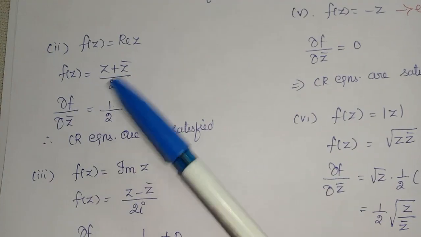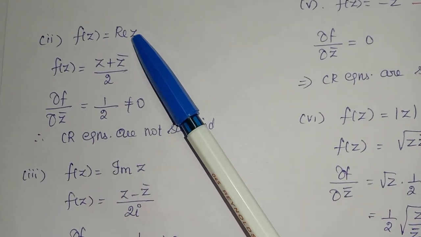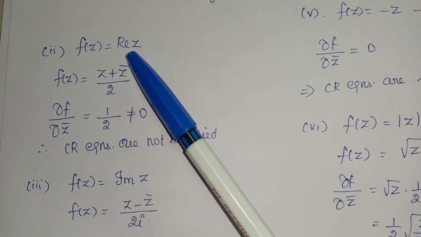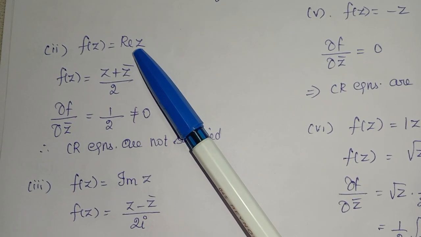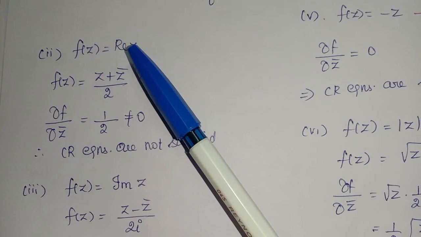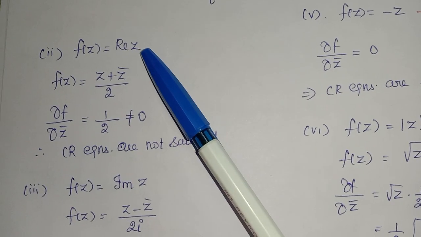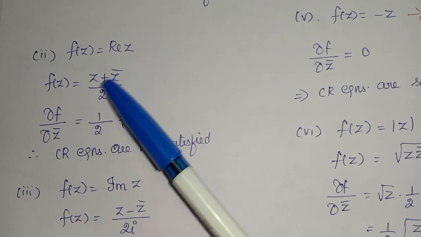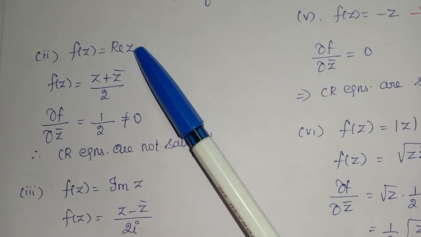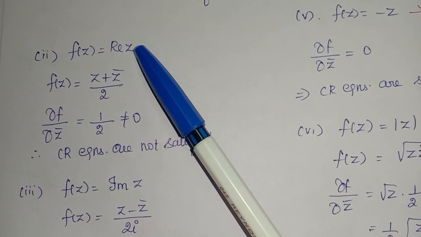Okay, then the next problem, f of z equal to real part of z. So here you can make use of any of the forms of CR equation. Now I am going to make use of dou f by dou z bar form. For that I am rewriting this in the form of z plus z bar by 2. Already I told you, in the previous video I have given introduction of complex numbers.